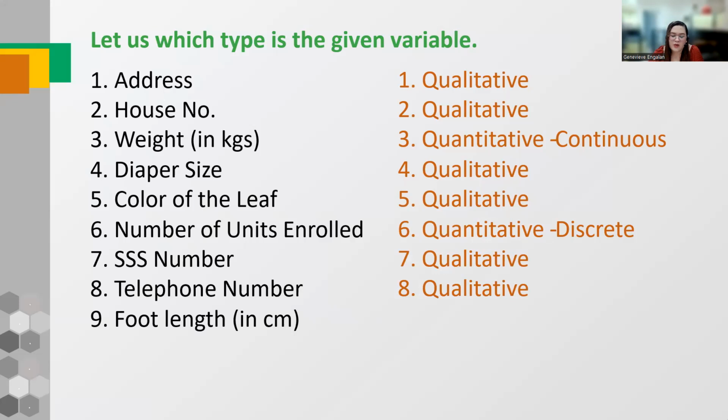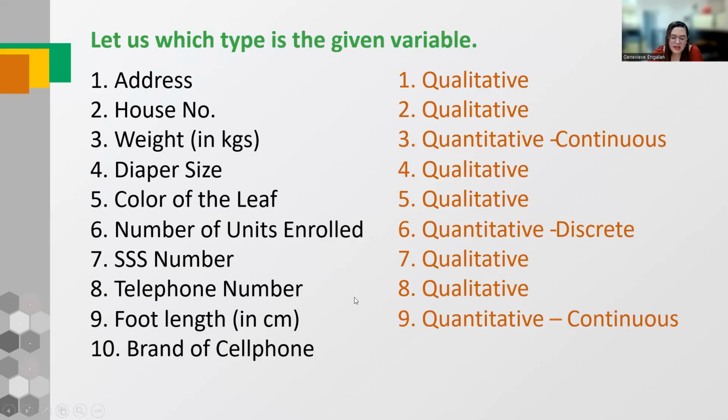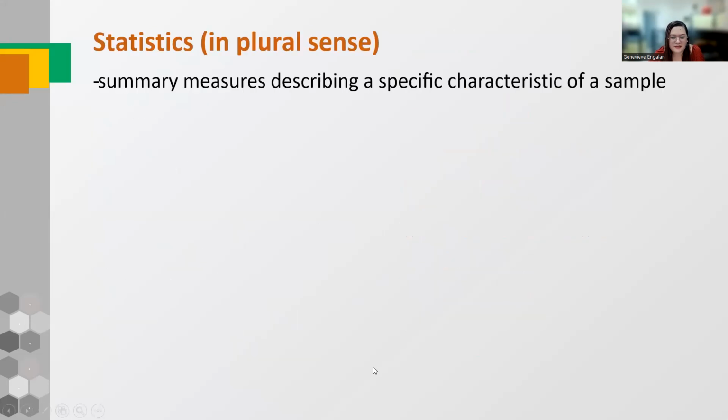This is quanti. What is it? Continuous, discrete. Continuous. Okay, so you have quantitative then continuous. Okay, brand of cell phone. Quali. Okay, very good. So, I think those who answered here understood, as the answers were correct.